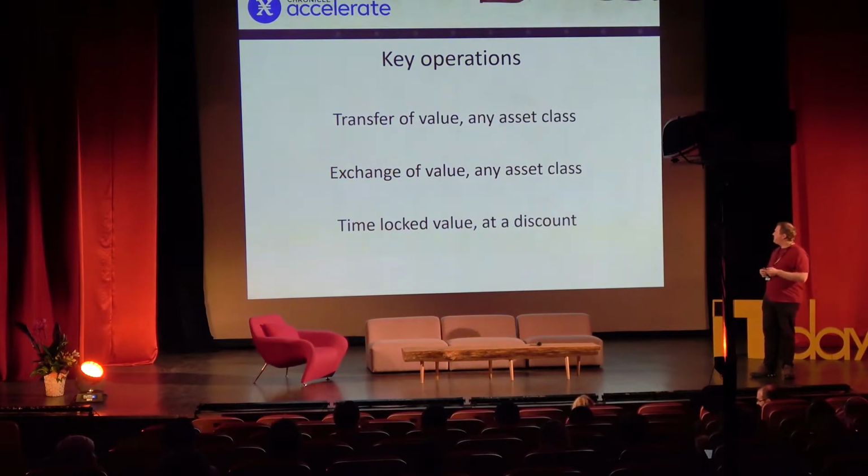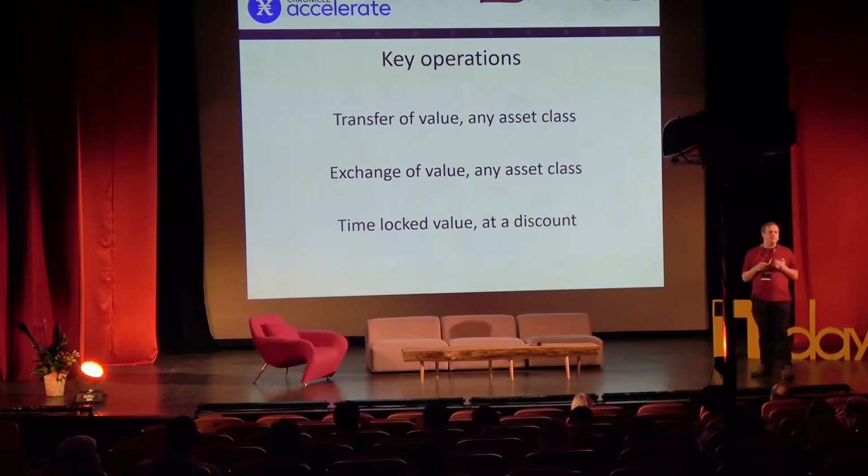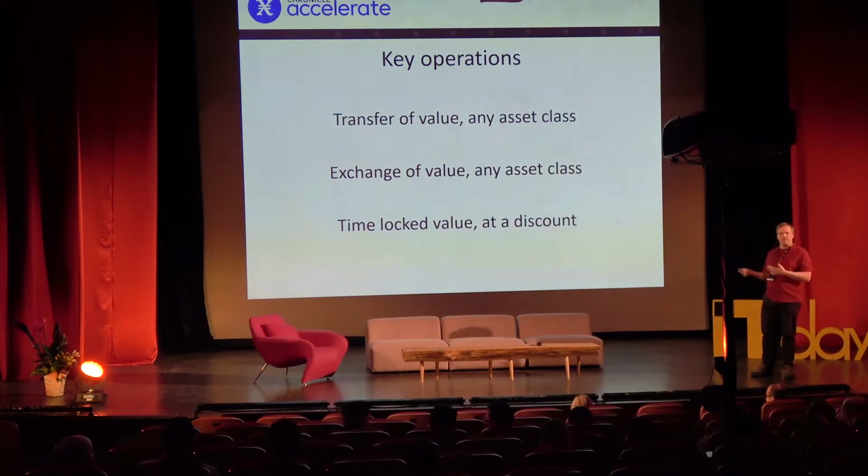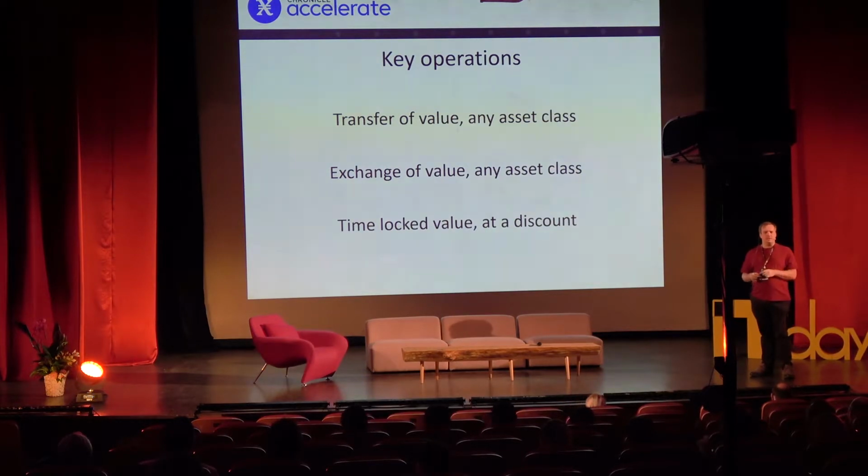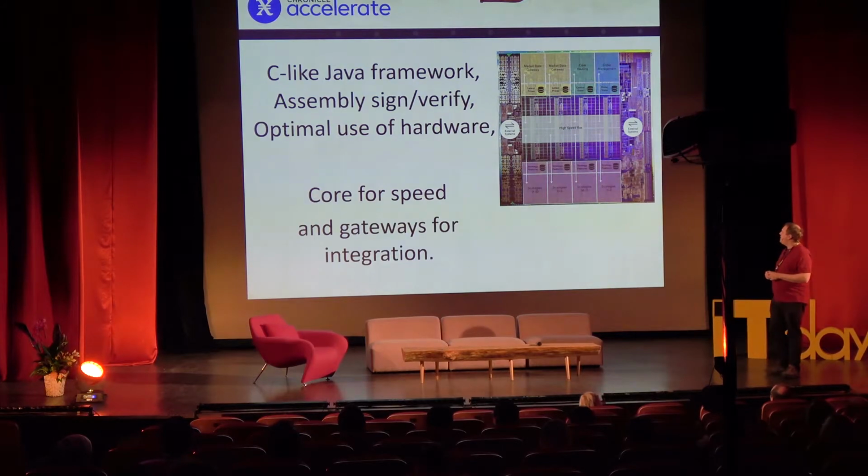So we've focused on 3 particular kinds of transactions, and in fact the first 2 are the key ones, which are transfer of value and exchange of value. They're the 2 key operations of any payment or exchange gateway, and if you can achieve that and make them very efficient, the rarer transactions are less important. So how do we do that?